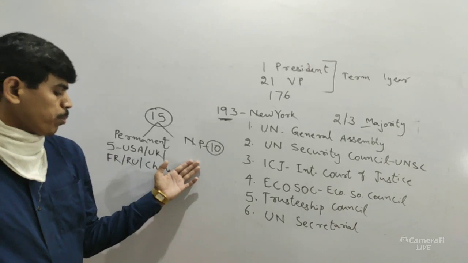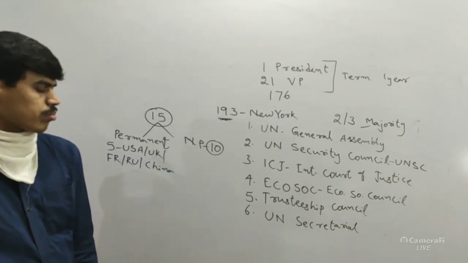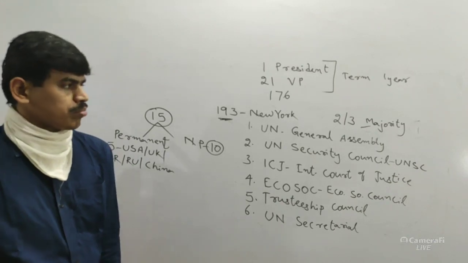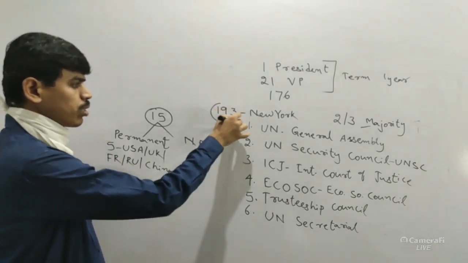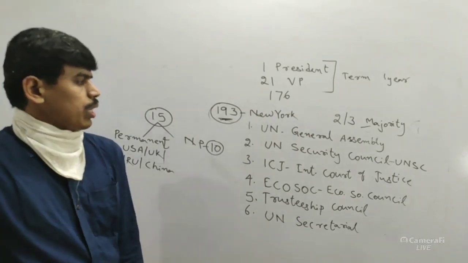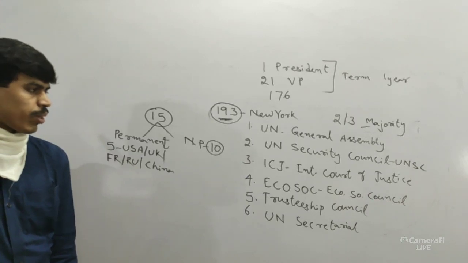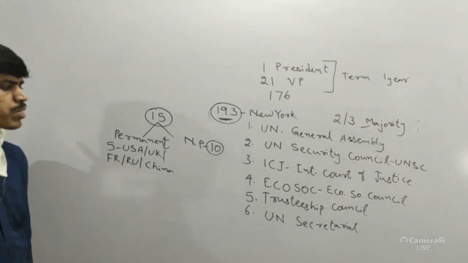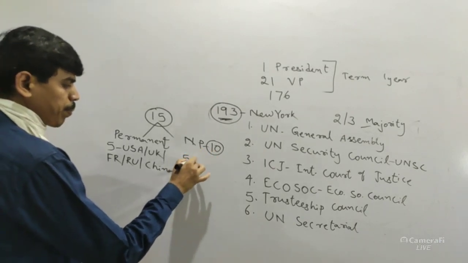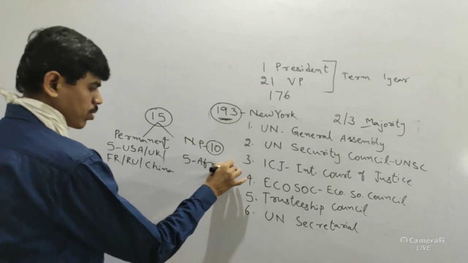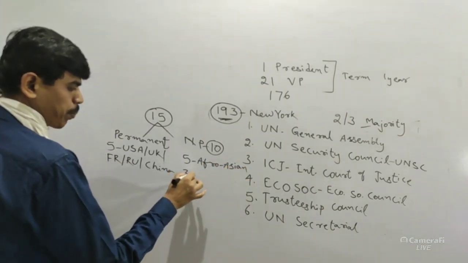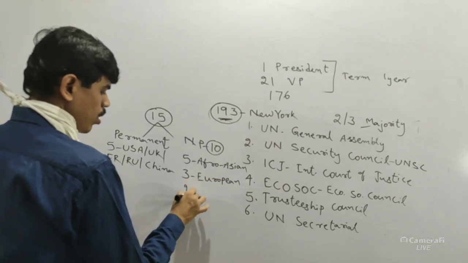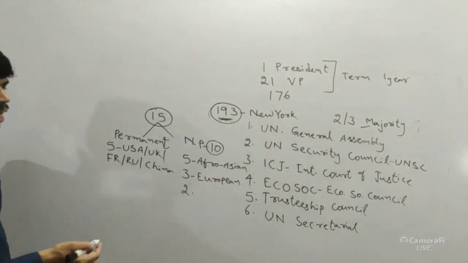Who can be a non-permanent member? Any member of UNO, any member out of 193, can be a member. But there is a condition: out of 10, 5 are Afro-Asian, 3 from Europe, and 2 from Latin America.